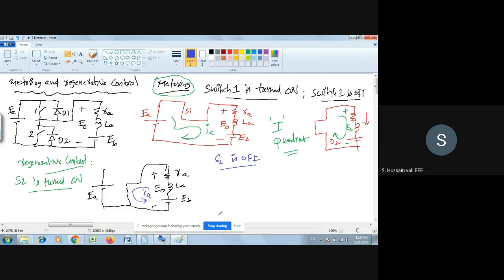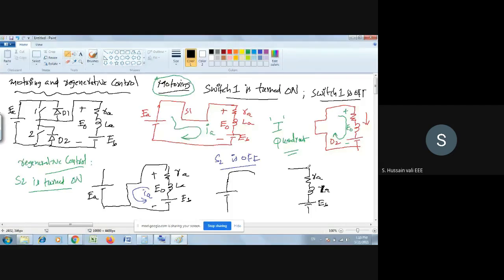We will find out. The closed path is something like this. This time, first I will draw this one. This is LA, this is RA.